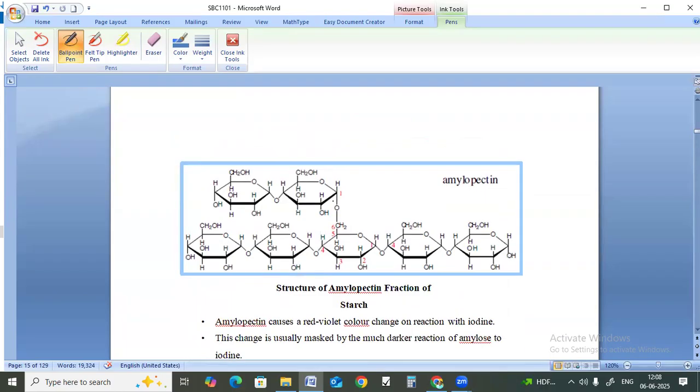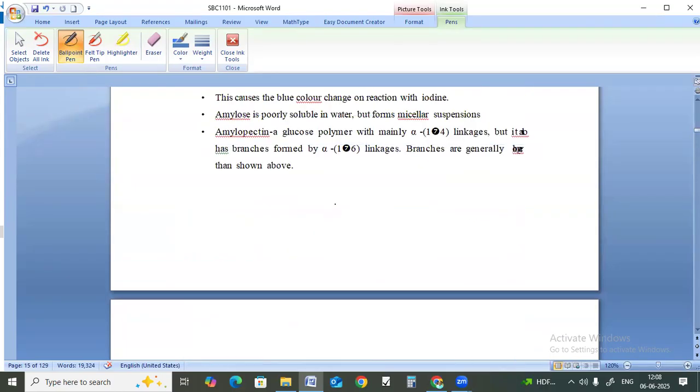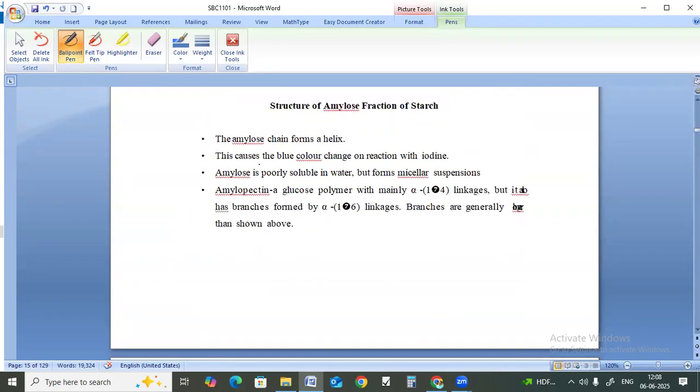So amylose is formed with the alpha-1,4 linkage, whereas amylopectin has branches connected by the alpha-1,6 linkage.